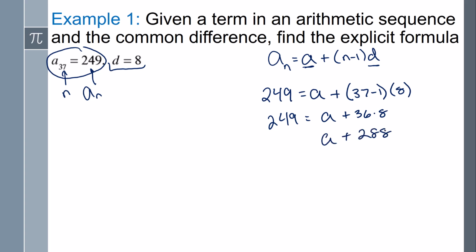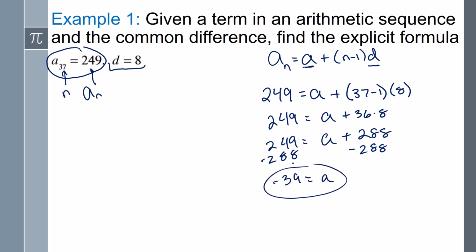That's 288, minus 288. So that gives you negative 39 as your first term. So now I can write my explicit formula because I have my first term and I have my common difference. So it's going to be a sub n equals my first term plus n minus 1 times my common difference.